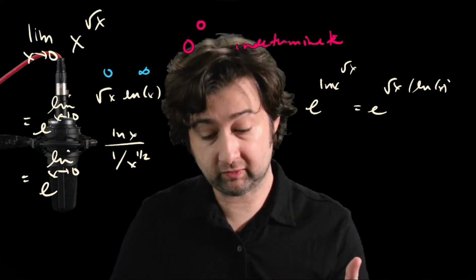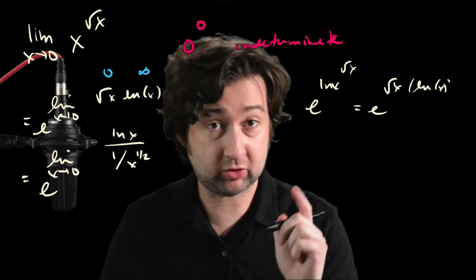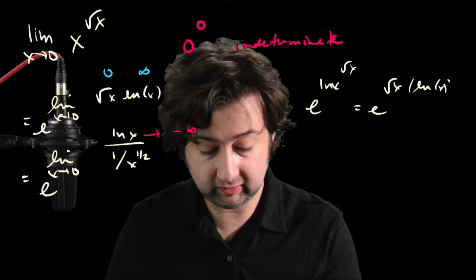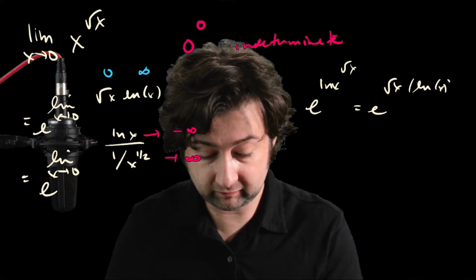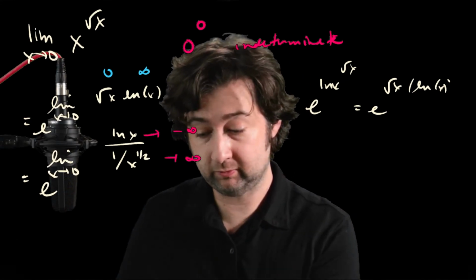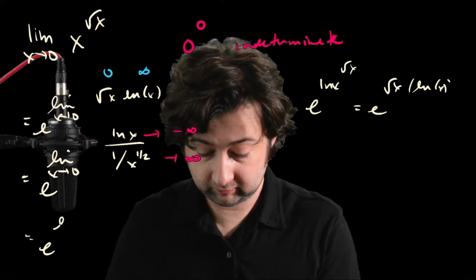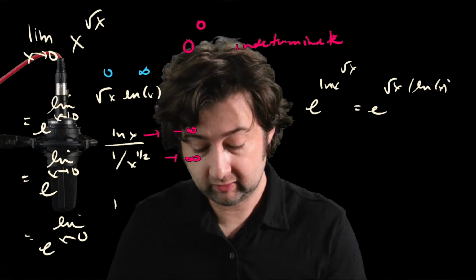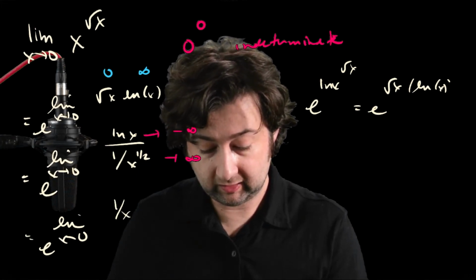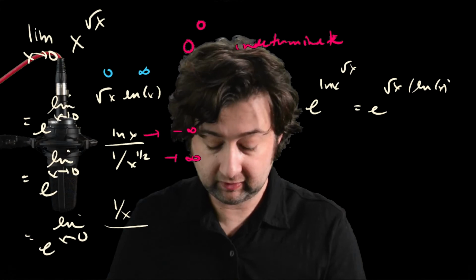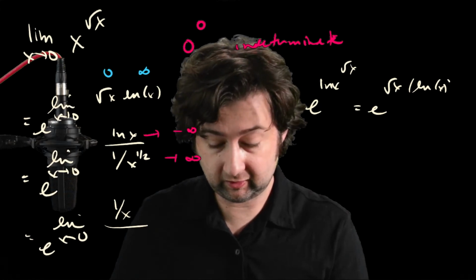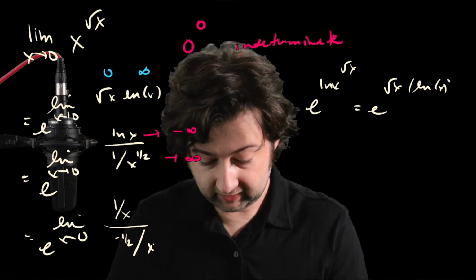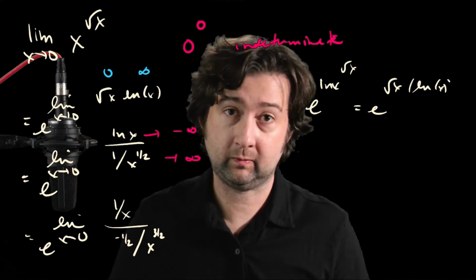Now if I take derivatives of top and bottom, which I'm justified in doing because this tends to minus infinity and this tends to positive infinity, so I can use L'Hopital's rule. The derivative of the natural log of x is 1 over x. And the derivative of 1 over x to the 1/2 is minus 1/2 over x to the 3/2.